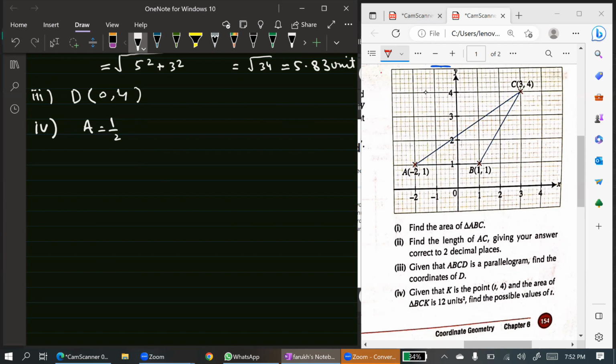Area is equal to half, B, C, K, B. B is 1, 1. C is 3, 4. K is t, 4. And B is 1, 1.